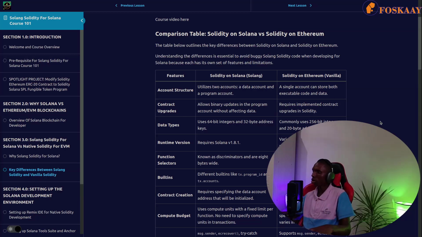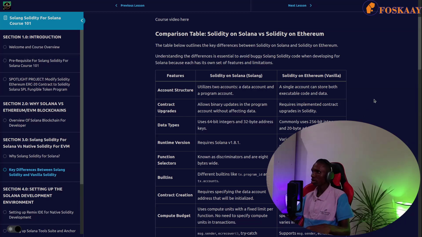Compared to Ethereum, where both are together and you don't want to lose the data, you need to implement somewhat complicated upgrades, which is usually for advanced Solidity developers. But Solana makes it much easier.